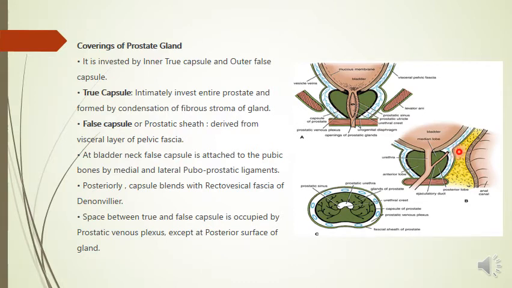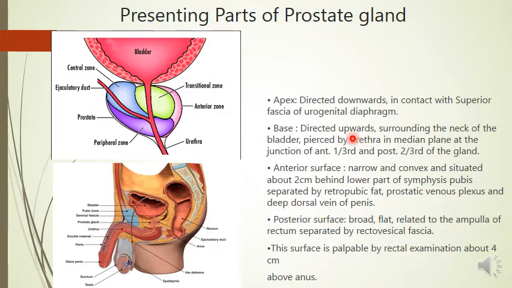So this false capsule blends with that fascia, and in the space between the true and the false capsule, you can see the prostatic venous plexuses, except at the posterior surface of the gland, where the venous plexuses are not quite clear.